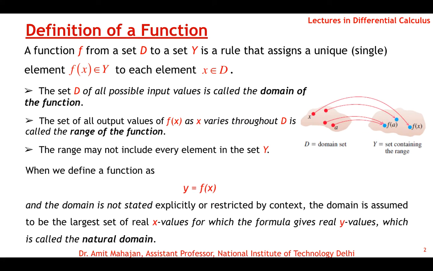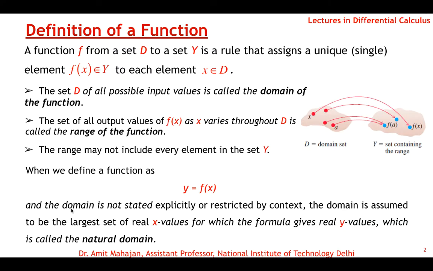And so finally, when we define a function as y is equal to f of x, where x are the elements from the domain or input, and with this rule f of x, we generate a unique single element y, or we call it f of x, which are elements of the codomain or the range set.